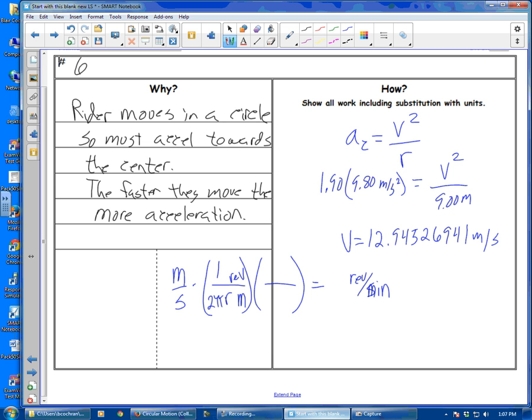Now, so good, I got revolutions. Now I need minutes. Seconds up top, minutes on the bottom. What's the relationship between minutes and seconds? 60 seconds in 1 minute. So I'm going to end up with, let's see, my meters per second starting is 12.9. Let's rewrite it.